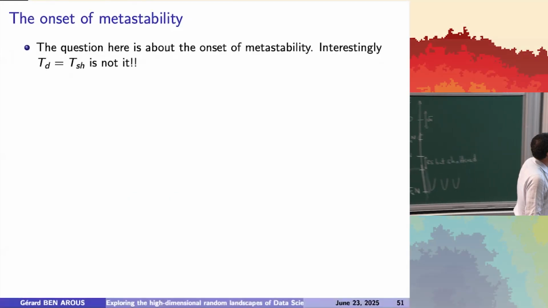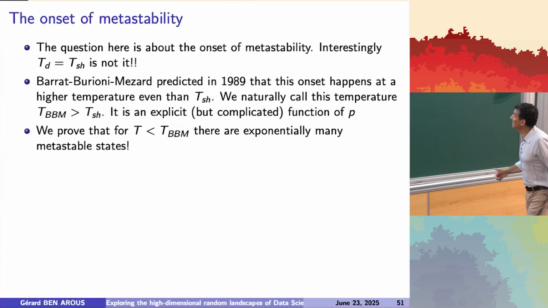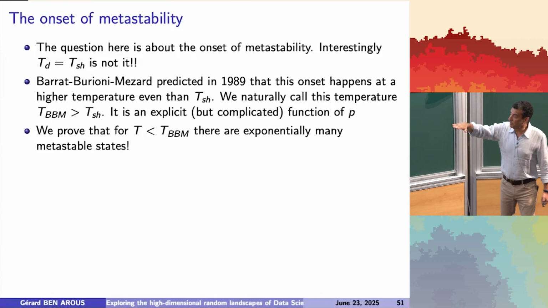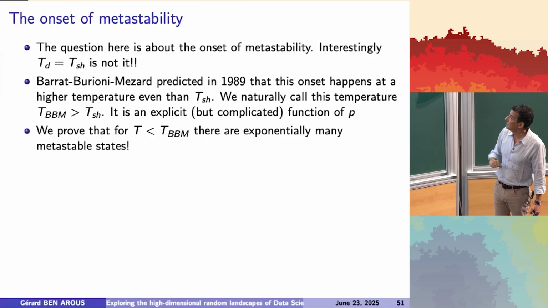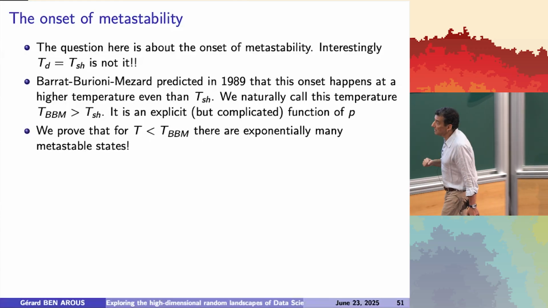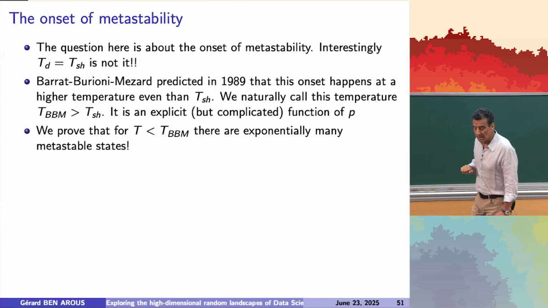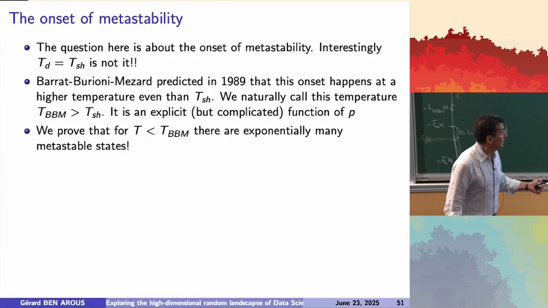And this is what I mentioned yesterday. So Barra, Burioni, and Mézard in '89 predicted that the onset for metastability happens higher. Okay? And indeed, for the temperature lower than this temperature, there are exponentially many metastable states.